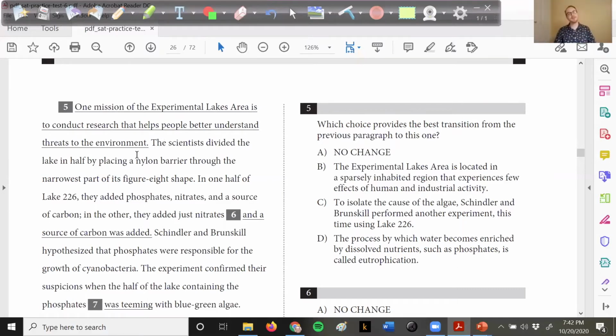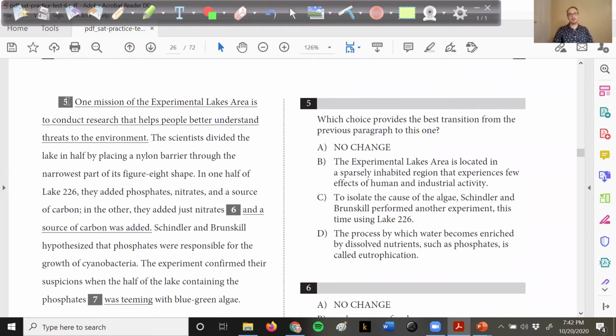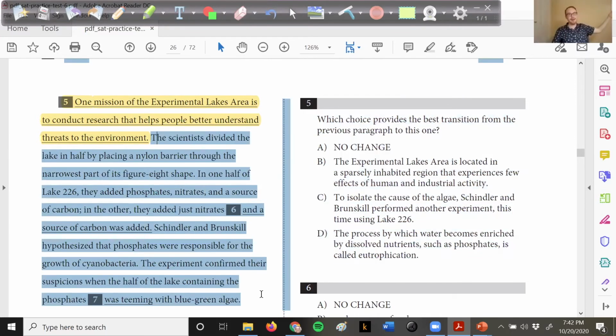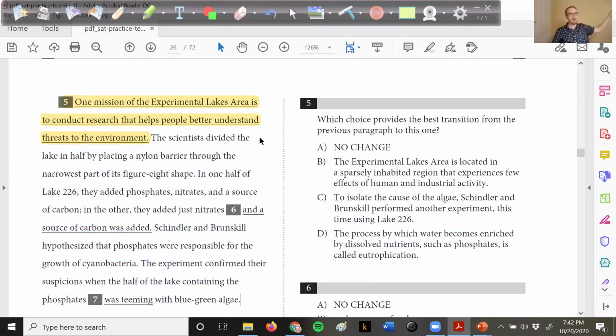I would actually recommend coming back to it because this is asking, how do we provide the connective tissue, right? Sort of those threads between the main idea of one paragraph and the main idea of the next. The issue with that is I don't know what the main idea of this paragraph is yet, so I don't actually know what type of transition we need. So let's just come back to 5.